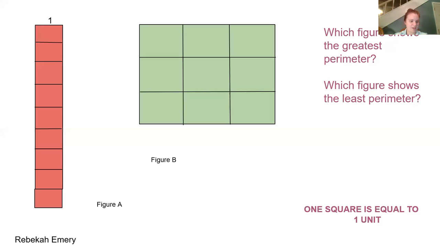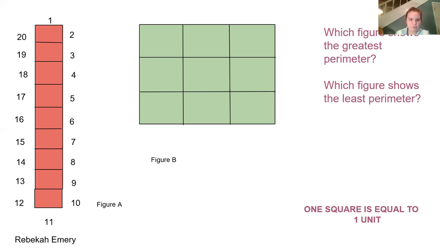Beginning with figure A, where the tiles are arranged in a single row, let's find the perimeter of the shape. 1, 2, 3, 4, 5, 6, 7, 8, 9, 10, 11, 12, 13, 14, 15, 16, 17, 18, 19, and 20.